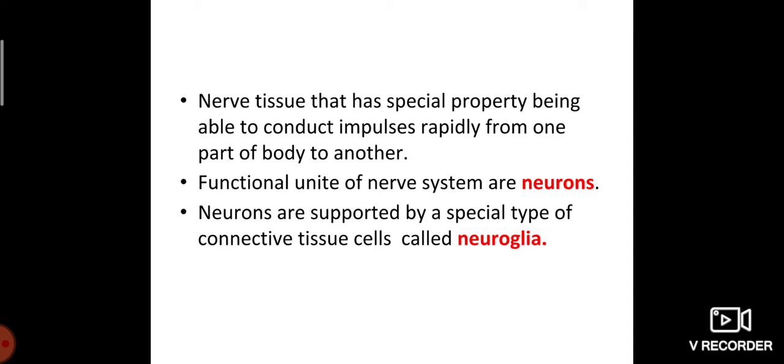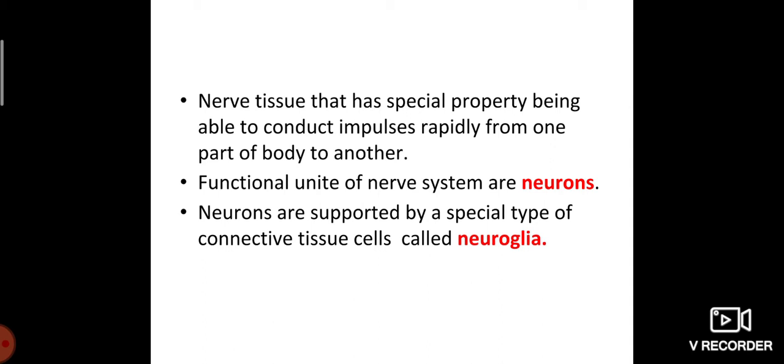Along with the neuron, neuroglial cells are present. Then we have blood vessels, arteries and veins. These are the constituents forming the nervous tissue. No other structures are there in the nervous tissue other than these: neuron, neuroglial cells, blood vessels.